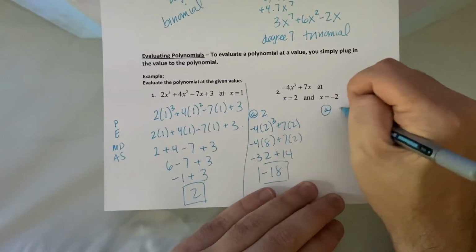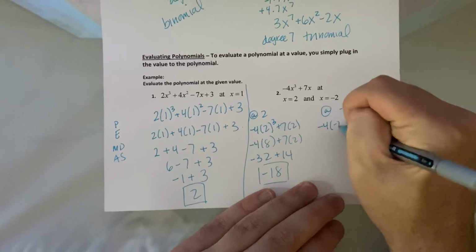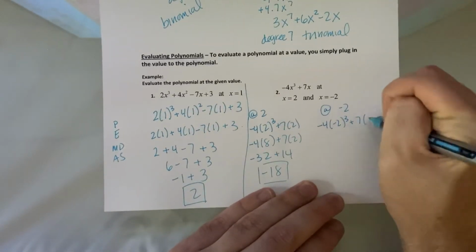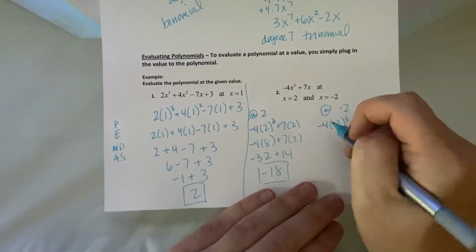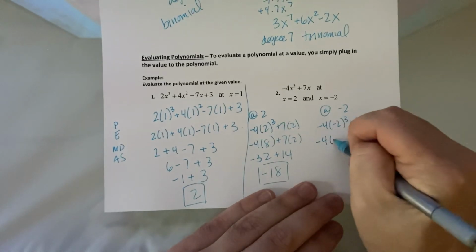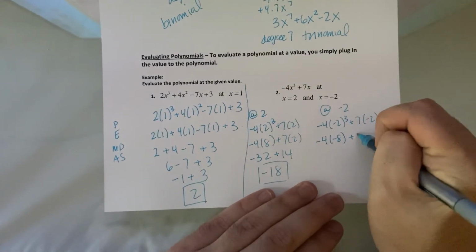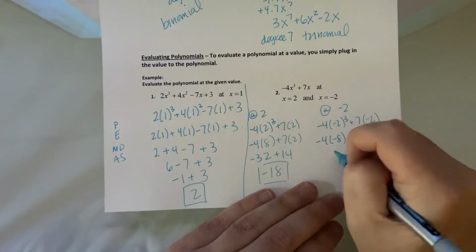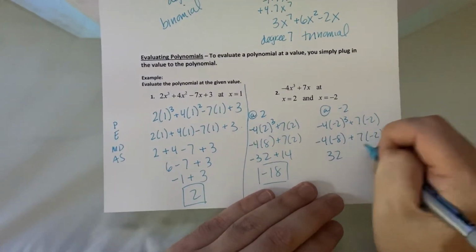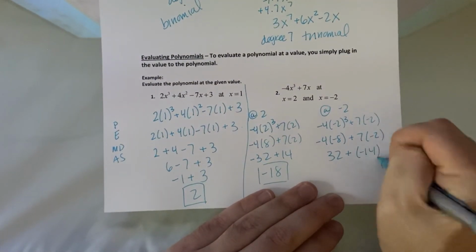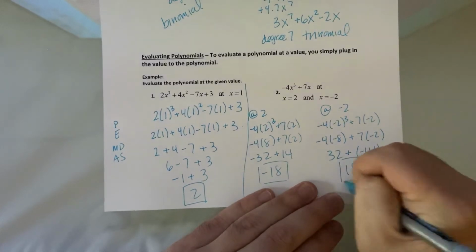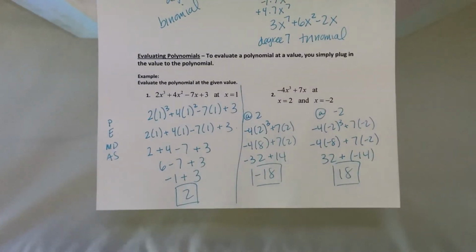What about at negative 2? Negative 4 times negative 2 cubed plus 7 times negative 2. That's negative 4 times negative 8 plus 7 times negative 2, or 32. It looks like it'll be plus negative 14, which is actually positive 18. So we can evaluate it at multiple values, and we will continue 4.4 in the next video.